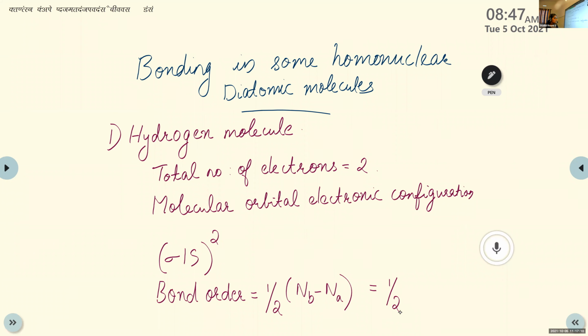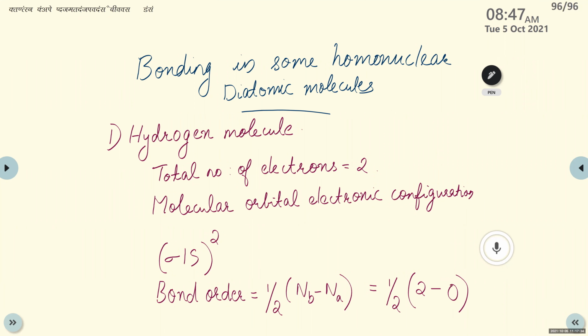How many electrons are there in bonding molecular orbital? Tell me, children. 2, right? What about anti-bonding? Any anti-bonding molecular orbital in this hydrogen molecule? No, it's 0, right?